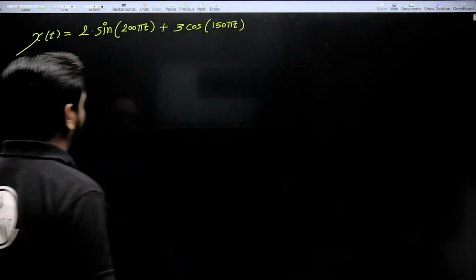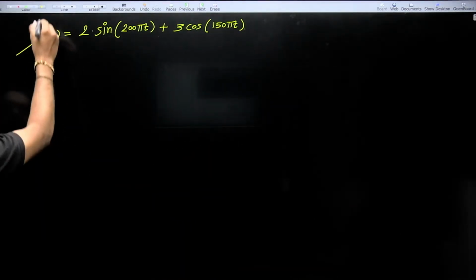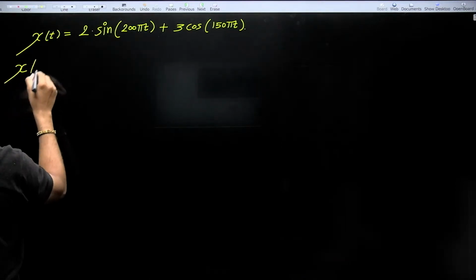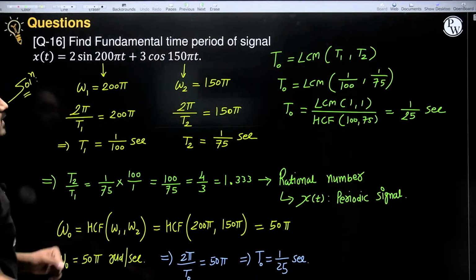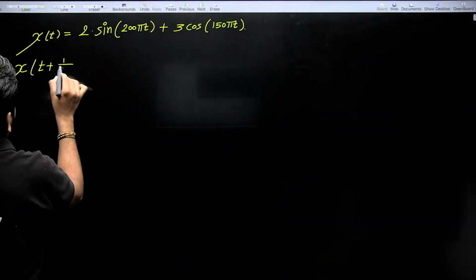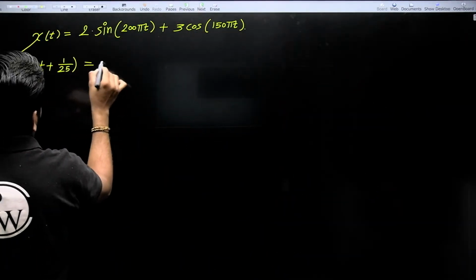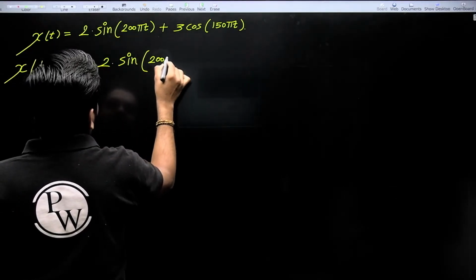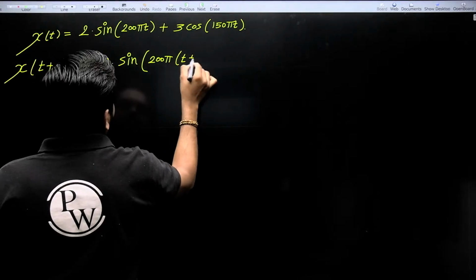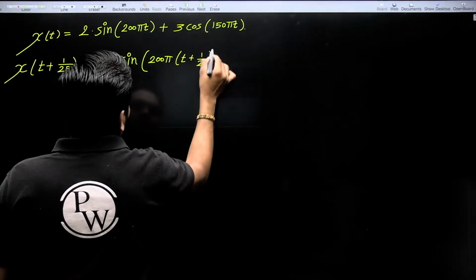Now replace t with t plus capital T, where capital T is 1 by 25. So on the right-hand side also, everywhere you have to replace t by t plus 1 by 25.